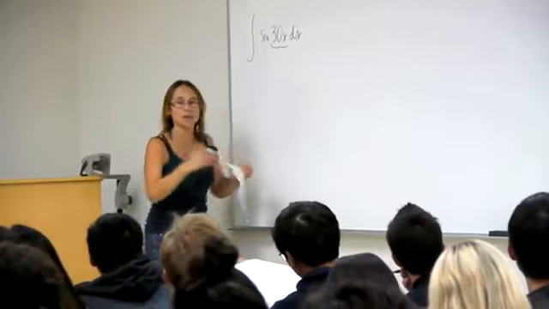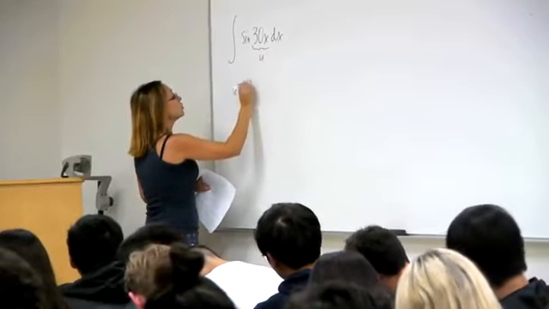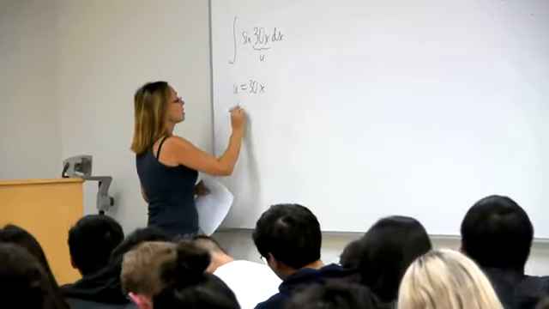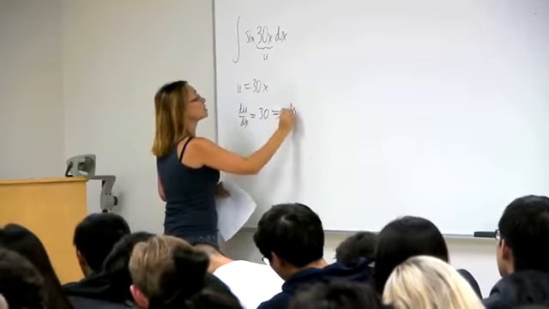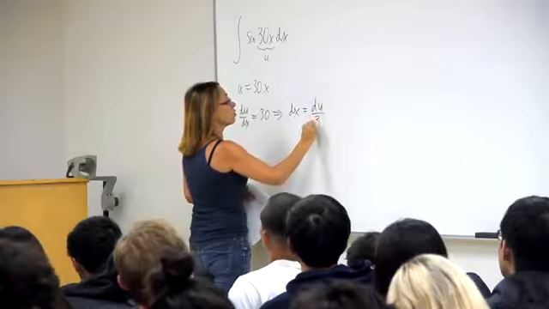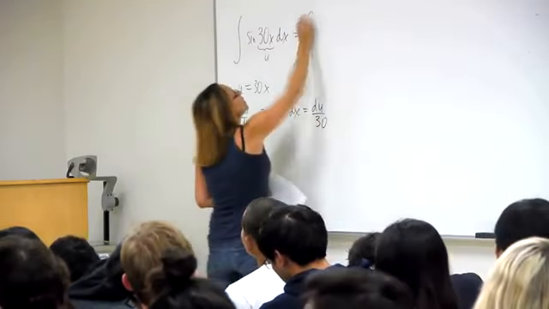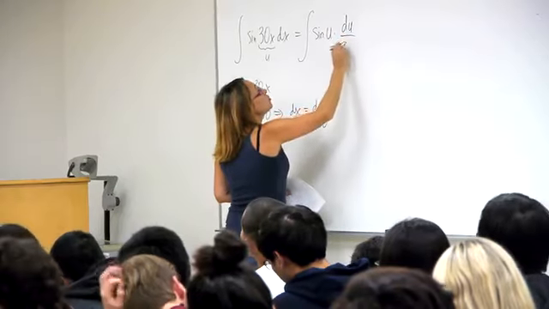We have a sine of a new function, 30x. So we say this is u. U is 30x. du/dx is 30. So dx that appears here is du over 30. So I have sine u du over 30.